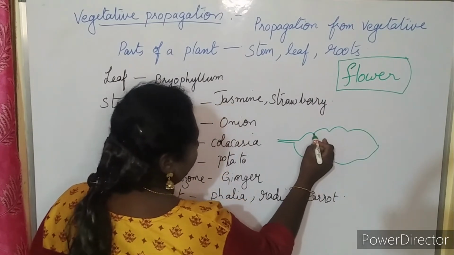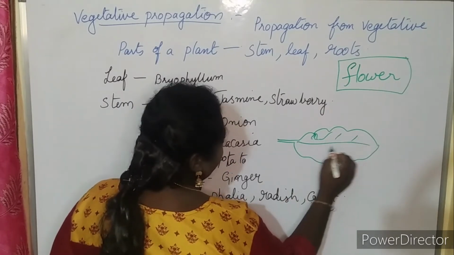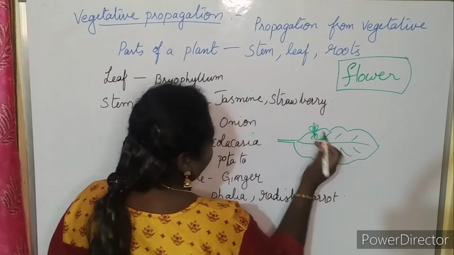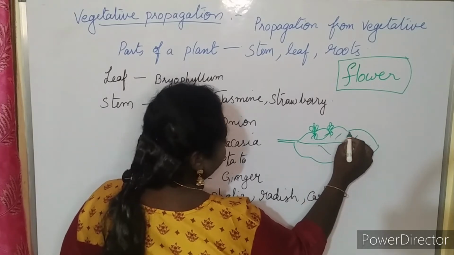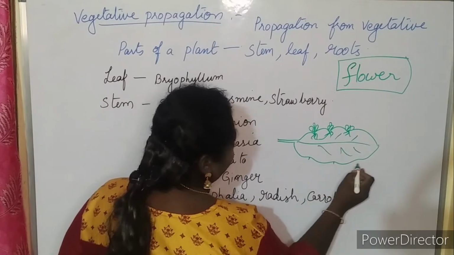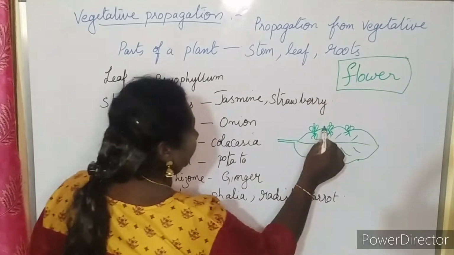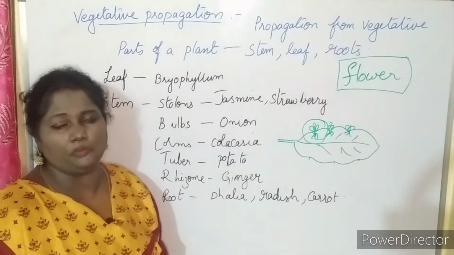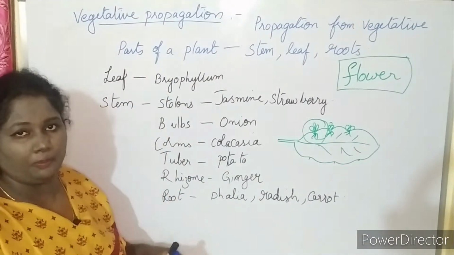If you look at these junctions, you can see small root-like structures, and here also you can see roots and small leaflets. Every junction of the leaf is like that. If we cut this part and sow it in soil, it will grow into a new plant. So the best example is bryophyllum, and it is leaf propagation.